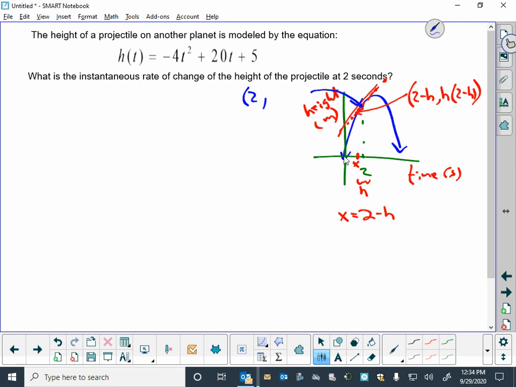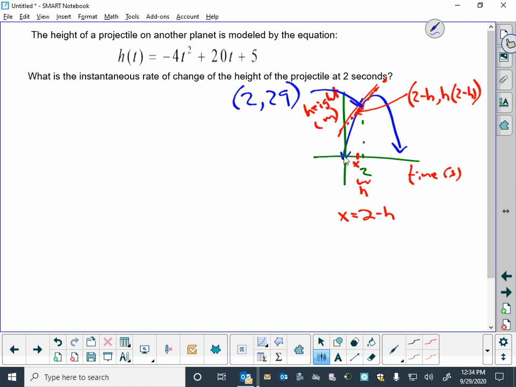Is 2 comma, let's see, we got 80 or 20 minus 16 is 4 plus 5, 2 comma 9, I believe is on that graph. No, 40 minus 16, not 9. 40 minus 16 is 24 plus 5, 29. So 2 comma 29 is the other point on the graph.